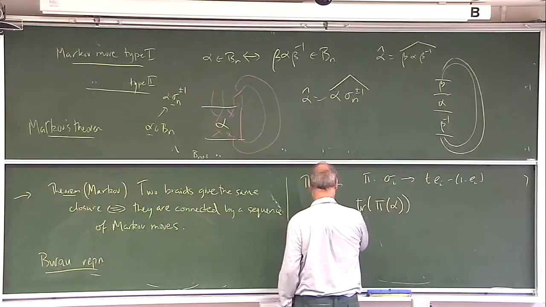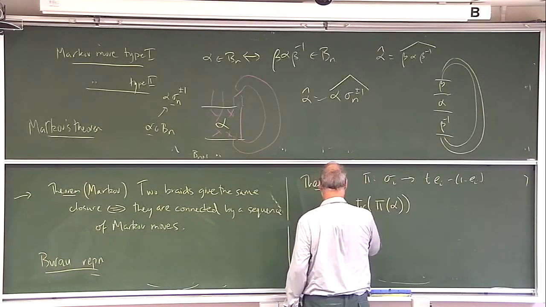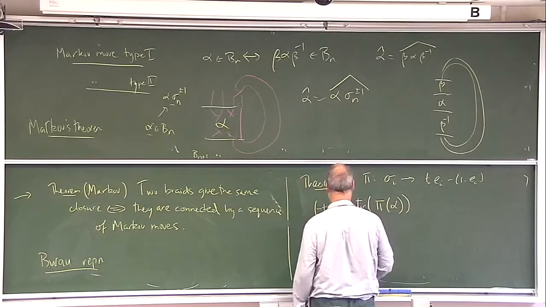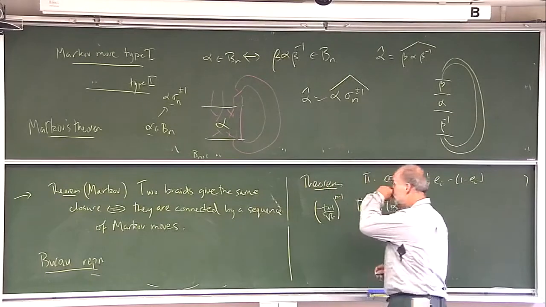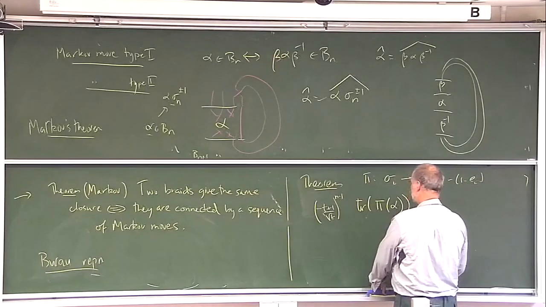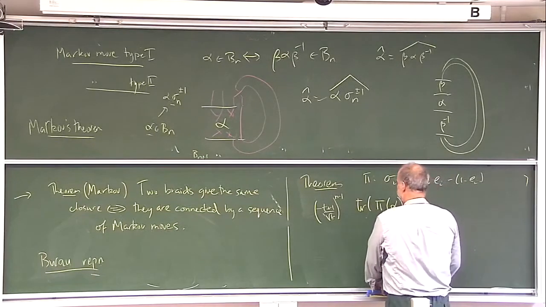So I can get minus (t plus 1) to the root t. There's some fudge factors, the n minus 1. So we have to divide by it.